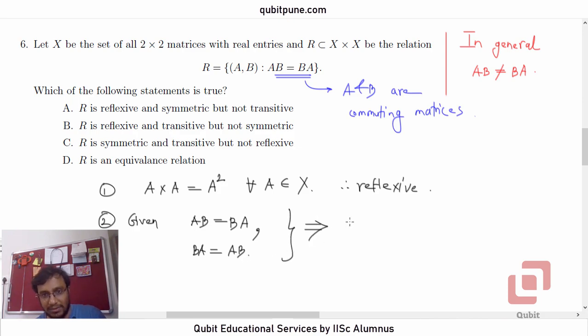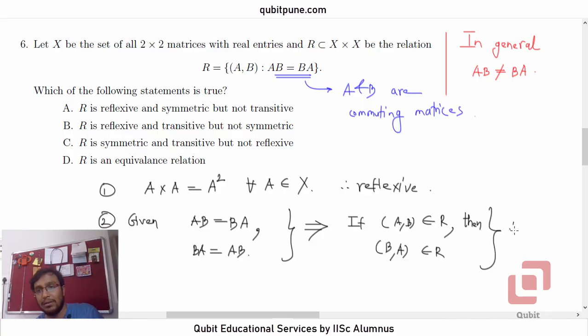Which implies, if the ordered pair of matrices A comma B belongs to R, then automatically B comma A also belongs to R, because if A comma B belongs to R, AB equals BA. But that also means BA equals AB, which means B comma A also belongs to R, and therefore it is symmetric.